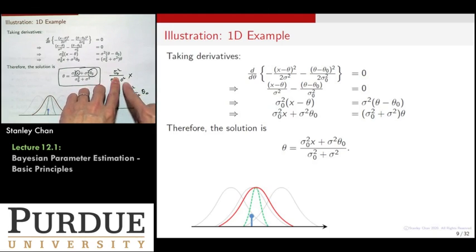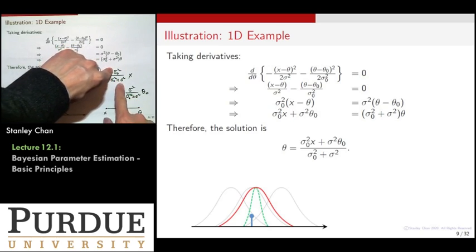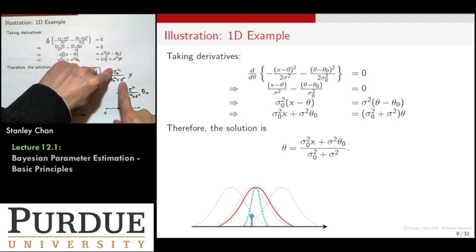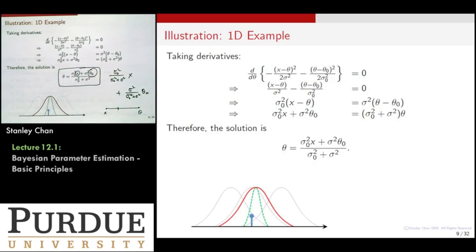If the uncertainty of the prior is big, you're not too certain about your prior, you don't trust your prior at all, then you can see that this term will be big. Because if sigma 0 is big, then the influence of sigma is small relative to sigma 0. So this term will be closer to 1. And that makes sense because the solution will say that this will be big, that will be small, so you will rely on x. x is your measurement. If you are not too certain about your prior, use the measurement.